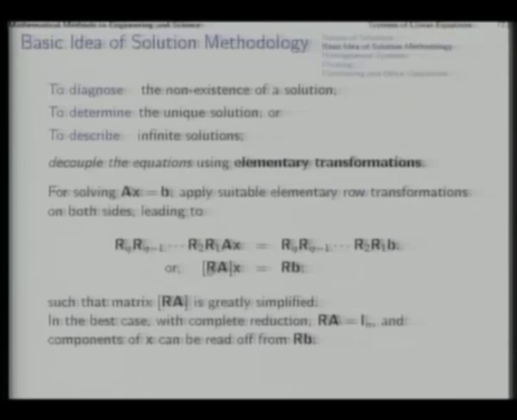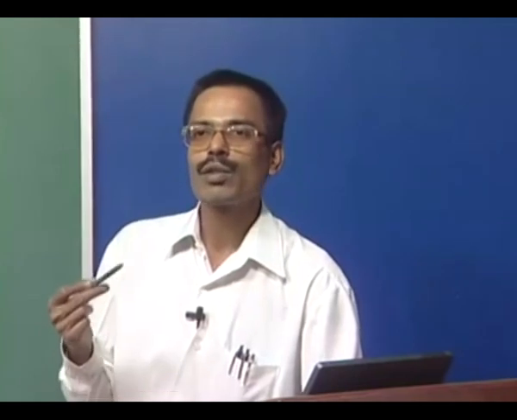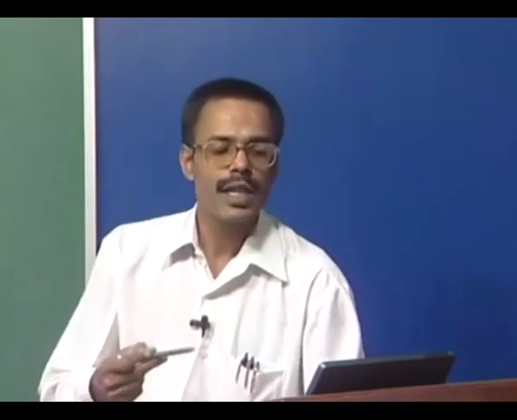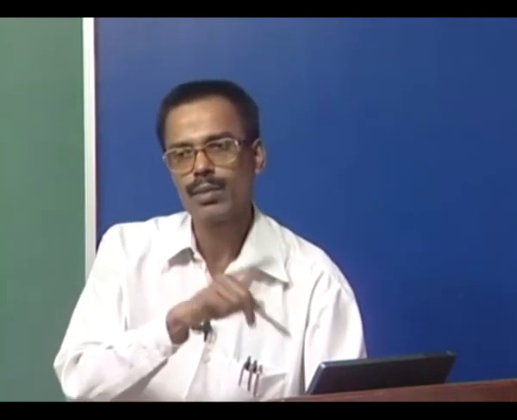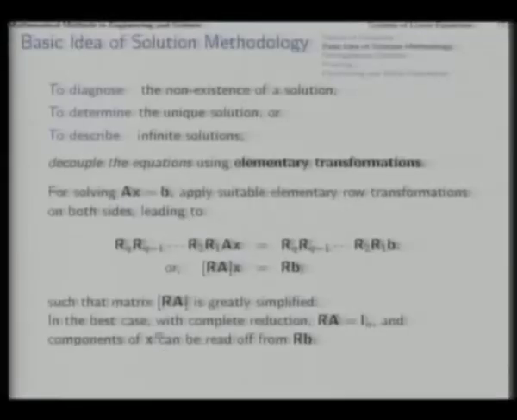We want RA to be as simple a matrix as possible, as close to an identity matrix. Accordingly we decide our strategy on finding suitable row transformations that we apply on both sides. In the best case, with complete reduction, RA becomes identity.